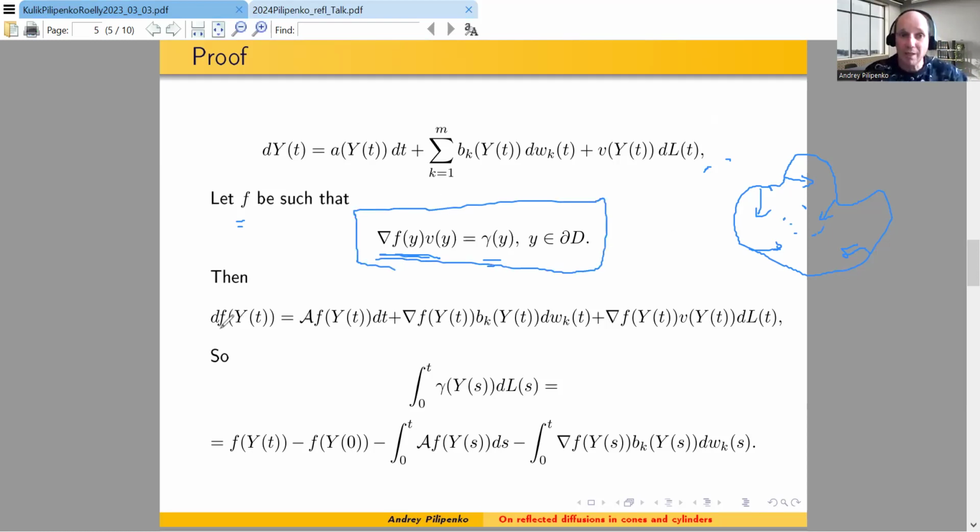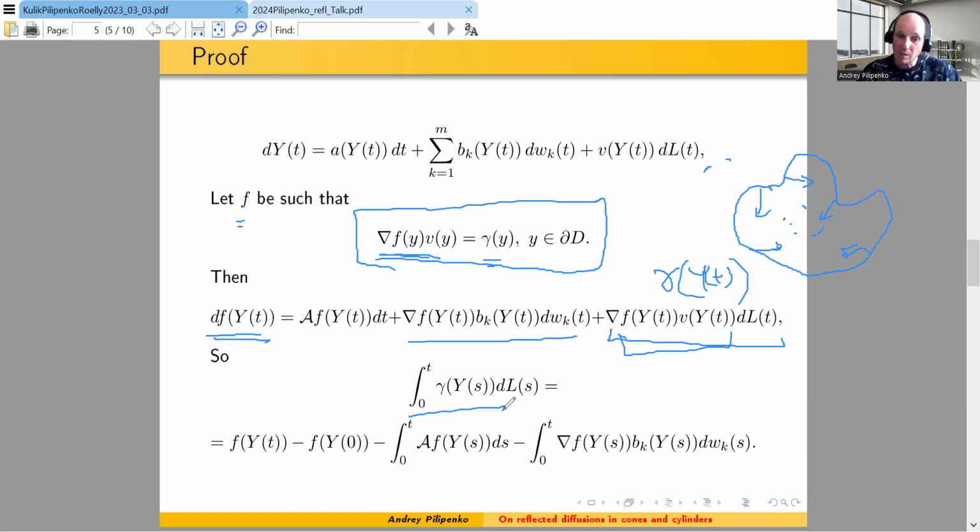And now let's write the Ito formula for f of y of t. What do we have? Generator of f of y of t plus a term with Brownian motion plus this term. And what is this? This is gamma of y of t. So integral of gamma of y of t dL of t is equal to f of y of t minus f of y of 0 minus this.